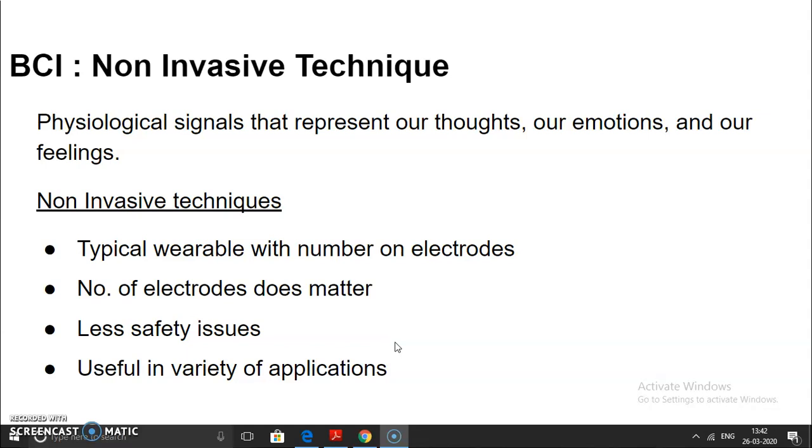Another advantage of this non-invasive technique is that it is secure compared to the first technique because surgery is not necessary. And the last is that it is useful in various applications in various domains, such as the medical field, the transportation field, or the user performance analysis field. Many fields are there where this technique is usable.